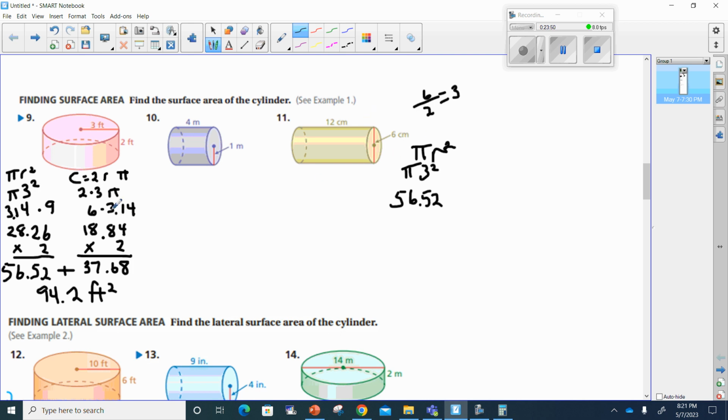So the circumference formula, remember, is 2 radiuses times pi. That's going to give us the same thing right over here, 2 times 3 times pi. And we've got the answer, so I'm not going to do all the work. This is going to end up being, let's see here, 18.84.